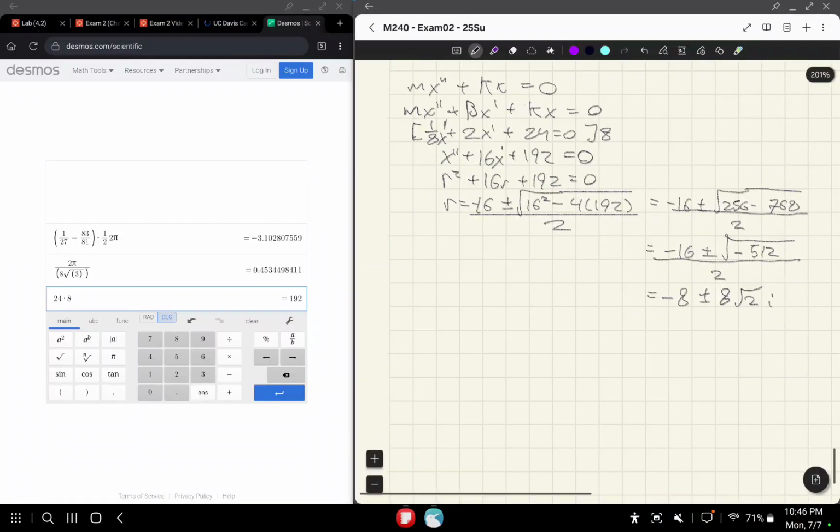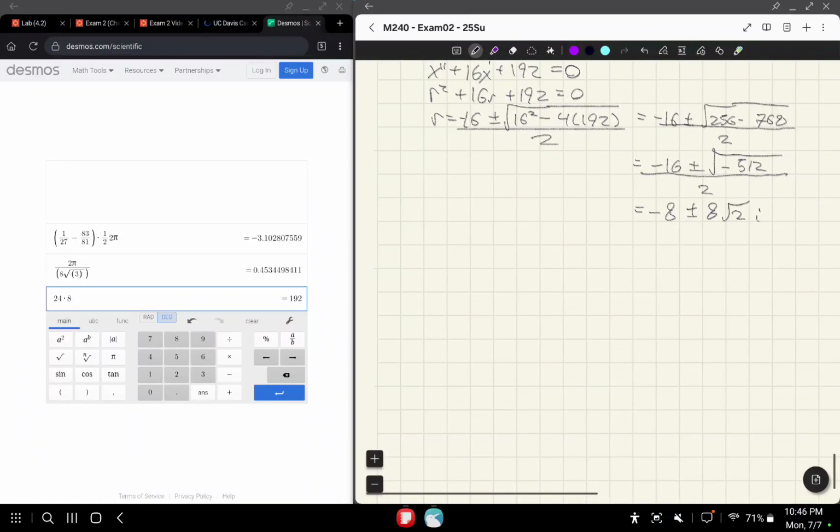Okay, let's do the characteristic equation now. Our y sub c is equal to, since we have negative 8 here instead of 0, what does it become? When there is no number there, it's just e to the 0, which is 1.